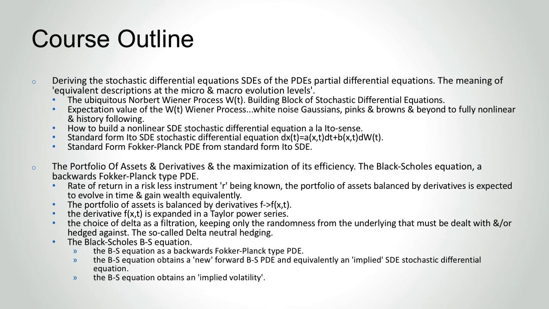And then we'll start talking about portfolios, how these are formulated. A portfolio of assets, for example, consisting of options and consisting of stocks. That's our archetypal system and portfolio that we're going to be talking about. All others are, in a sense, similar. And from a portfolio and how we wish the portfolio to evolve at a known rate, for example, we can obtain the Black-Scholes equation, which is a backwards Fokker-Planck type partial differential equation.